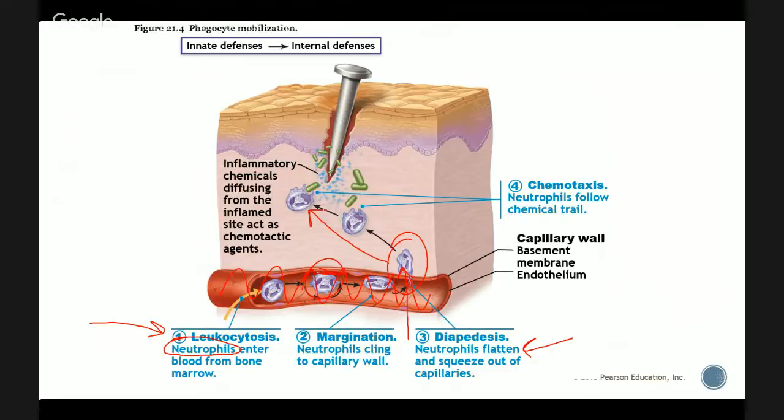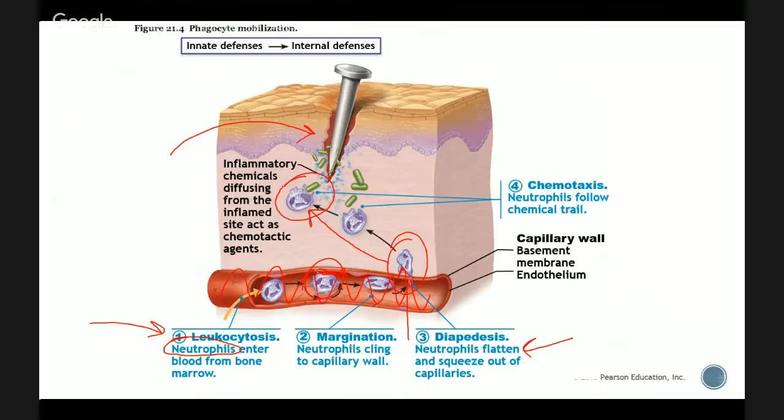Now we see that there's like a pin or a nail or whatever that has penetrated into the dermis of the skin, and on that you see some rod-shaped bacilli bacteria. So there's a bacterial infection here. We see now the neutrophil starts to perform phagocytosis to neutralize the bacteria in this area.